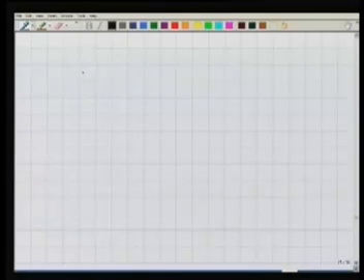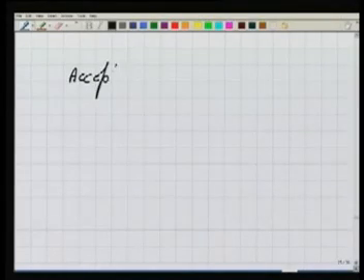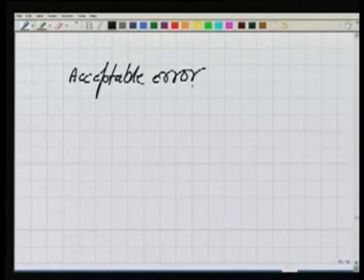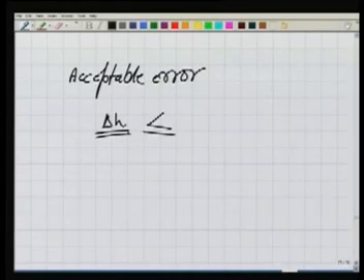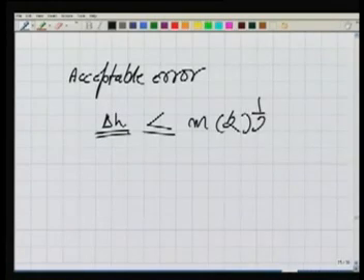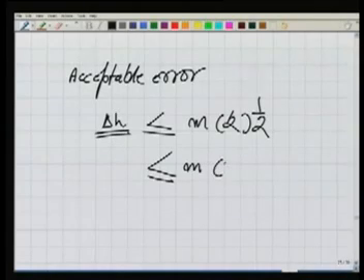We say the acceptable error, if my delta H, let's say this is the closing error, should be less than or equal to m root k, also m root n. What are these?